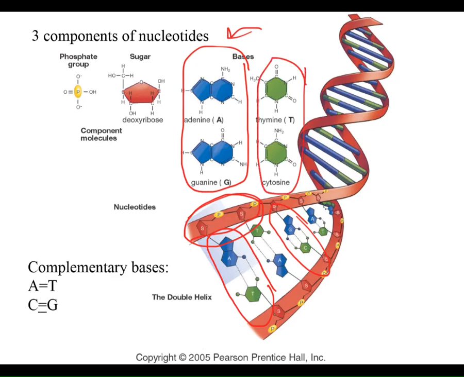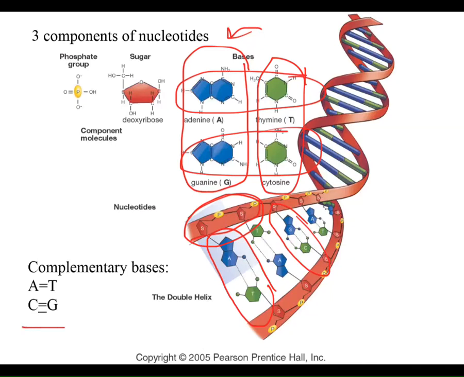So what they figured out is that one of the big ones is always matched up with one of the little ones. A's and T's always match up, don't they? And C's and G's always match up. If two of the little ones matched up, the molecule would be too narrow. If two of the bigger double molecules matched up, the molecule would be too wide. So it had to be that an A went with a T and a C went with a G.